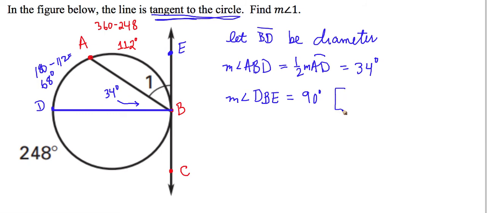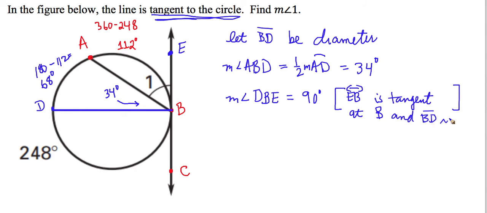And we've proved this before. I'll just give a very brief reason: line EB is tangent at B, and BD is the diameter. And so I'm going to draw this little symbol here.